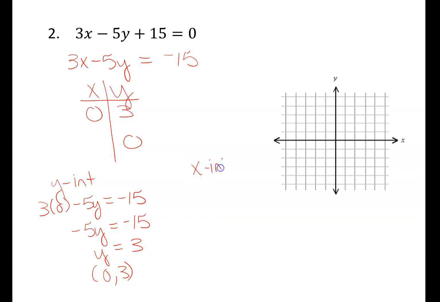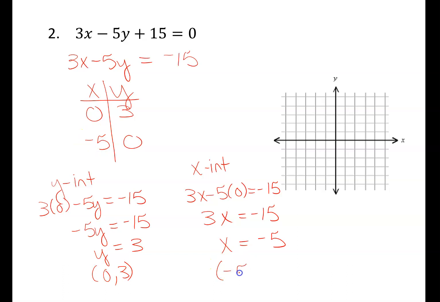For the x-intercept, I'm going to let y be 0. So 5 times 0 is 0. Now it's going to say 3x equals negative 15. And if I divide by 3, I get negative 5. So my x-intercept is (-5, 0).